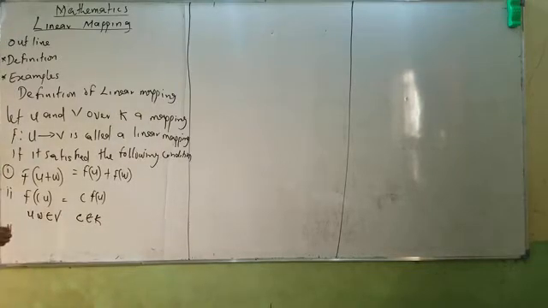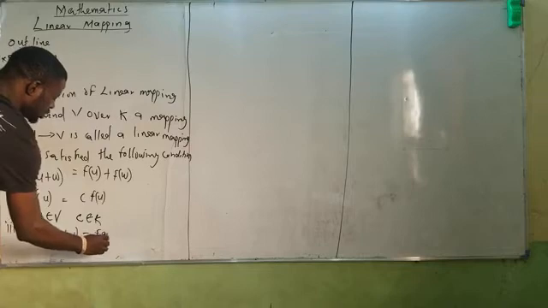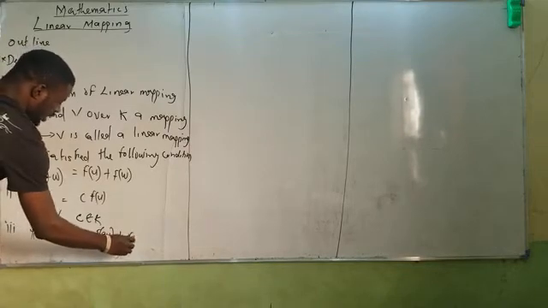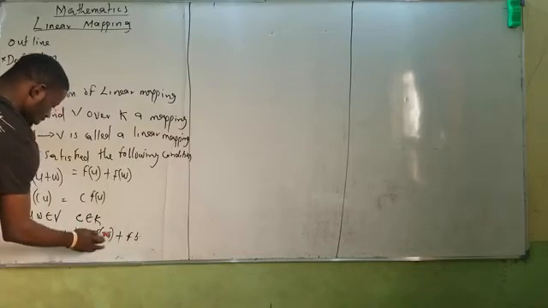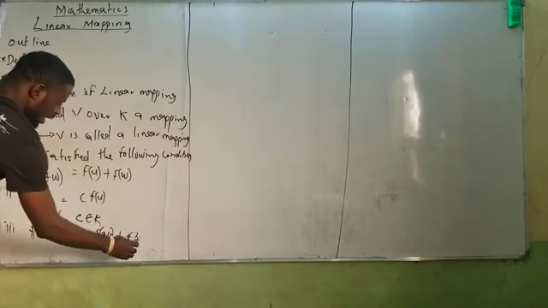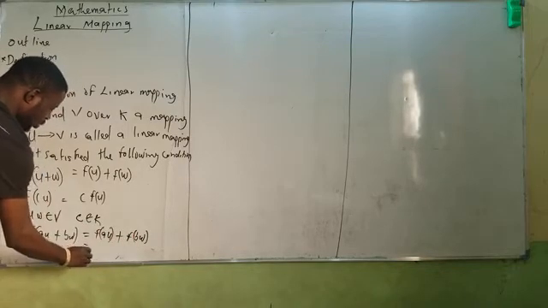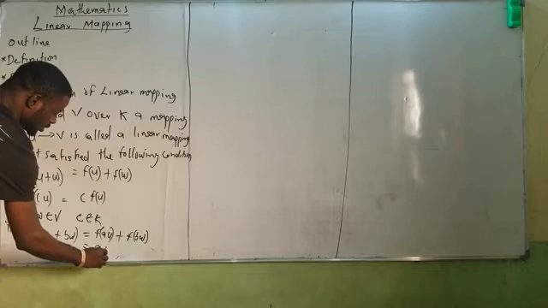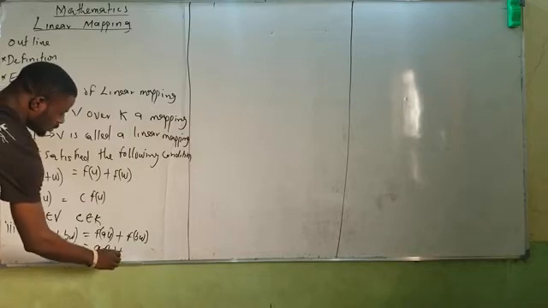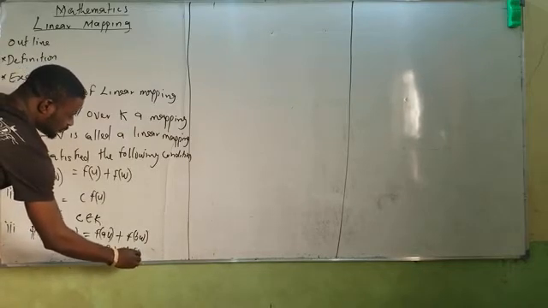And 3, I can say that f of a u plus b w can also be equal to f of a u plus f of b w. Sorry, this is going to be u and w, which can also be interpreted as a f of u plus b f of w.